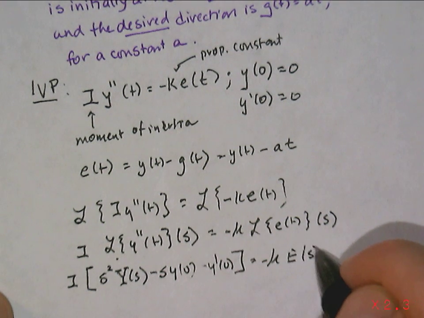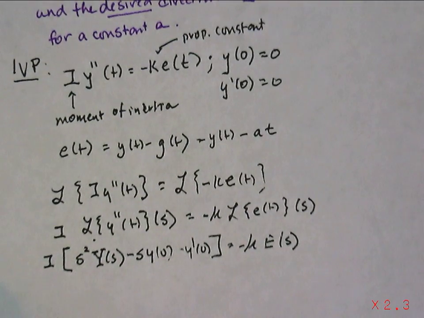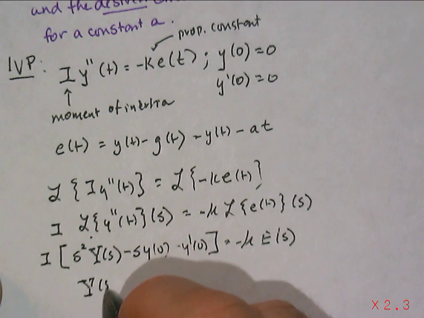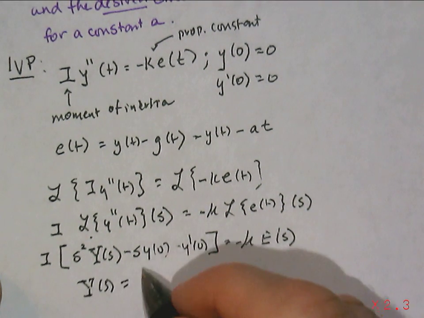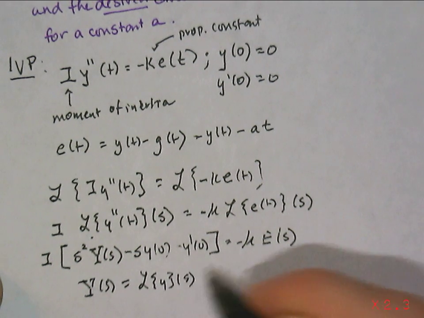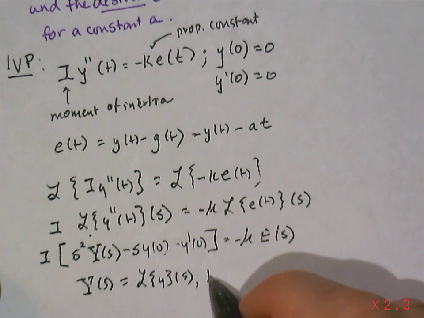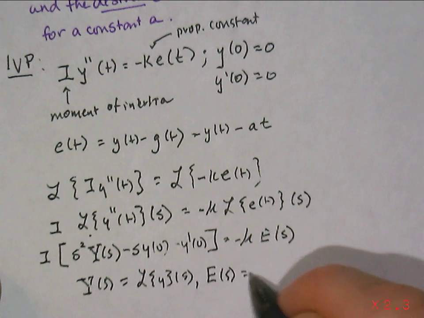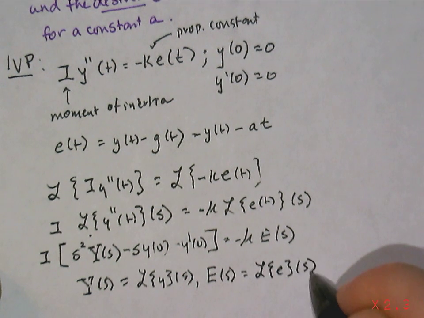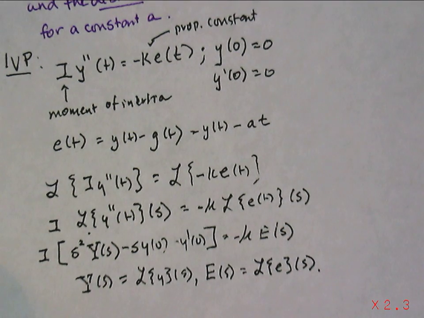Well, now we'll make some definitions here. The definitions that we're going to be using is that the capital Y of s is the Laplace transform of y as a function of s, and that the capital E of s is the Laplace transform of the deviation function, which is a function of s.